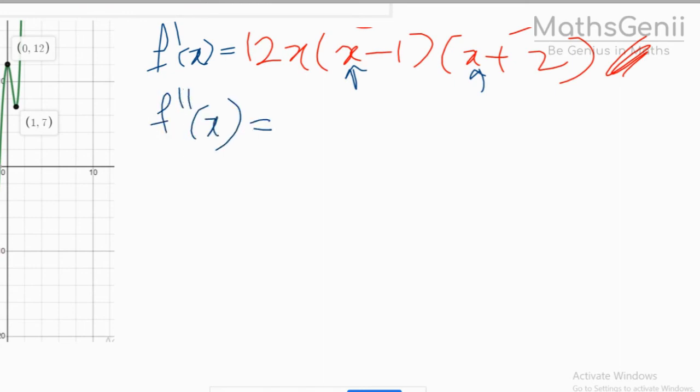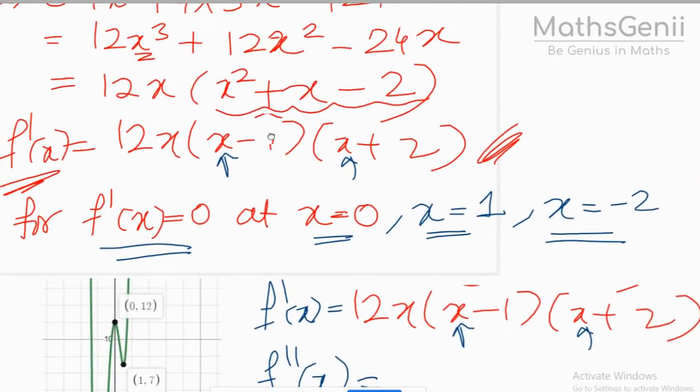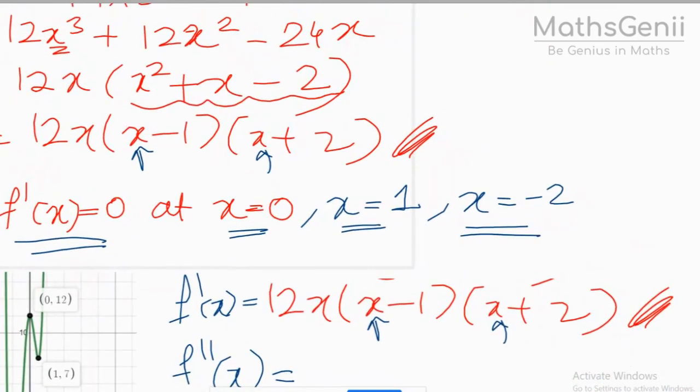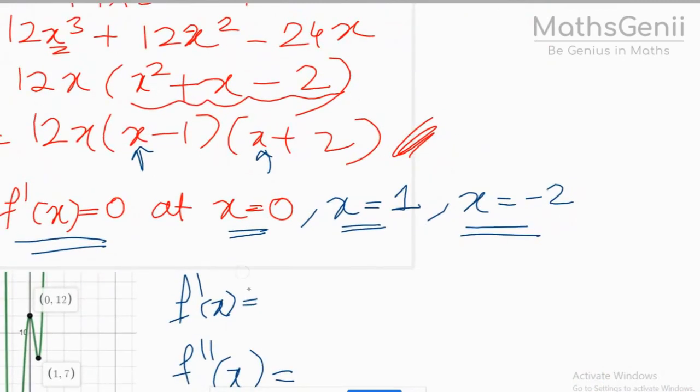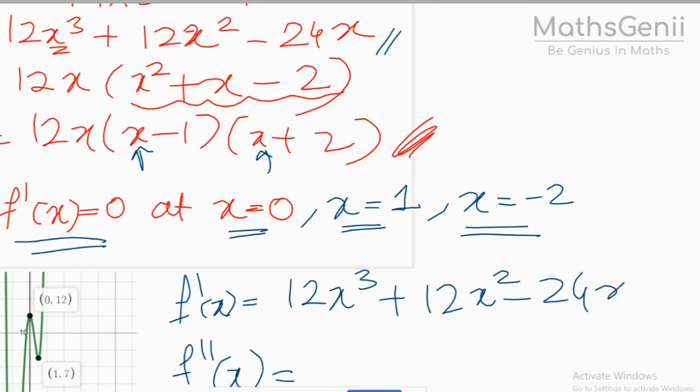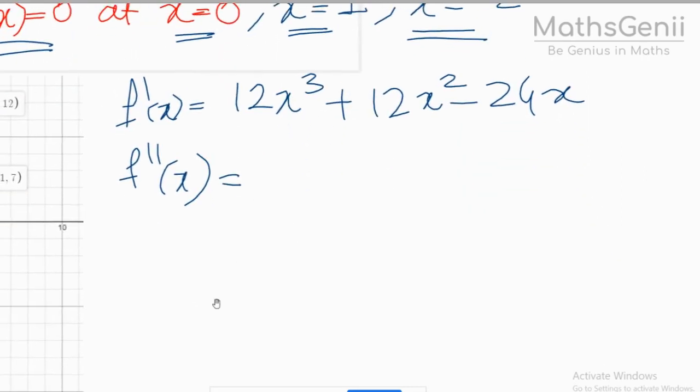Let's not take the bracketed equation, let's take the entire equation into account. I'm taking this equation before putting into club bracket, because solving the derivative will become easier. All the equations are same, just that we have bracketed and taken common. I'm taking the equation where we have not taken common.